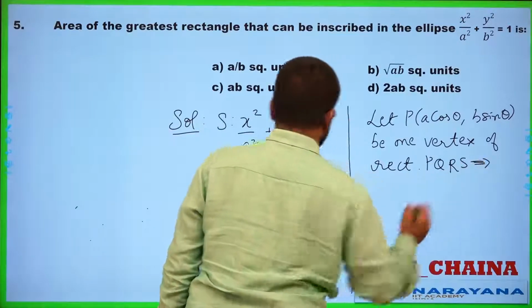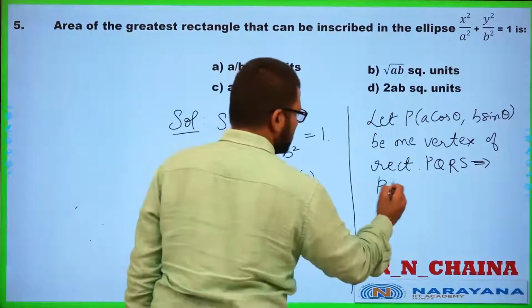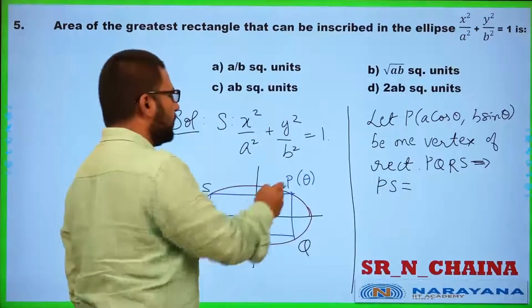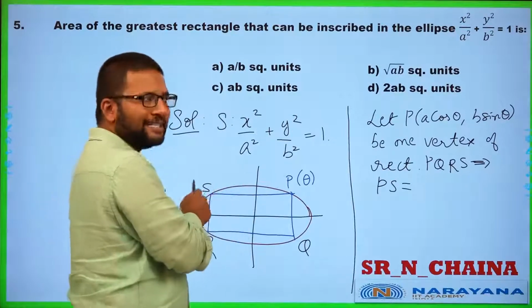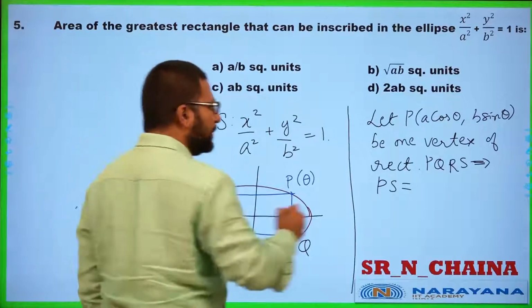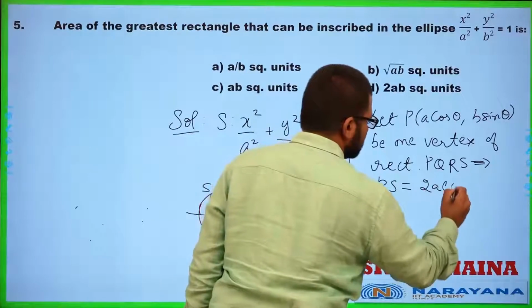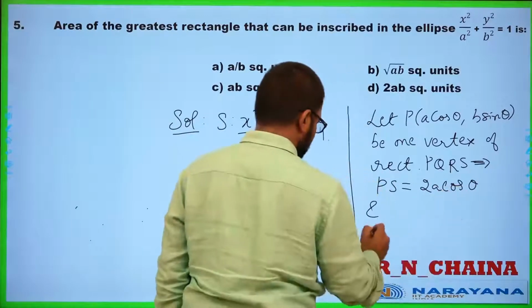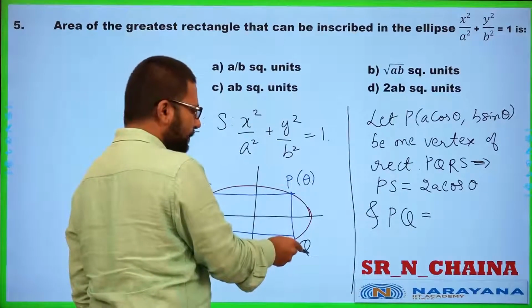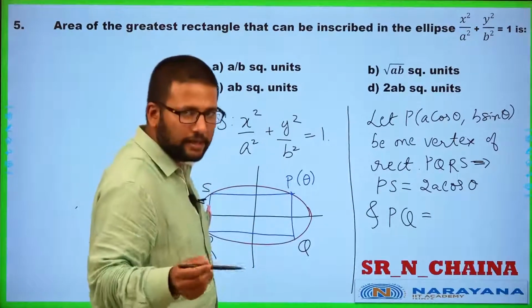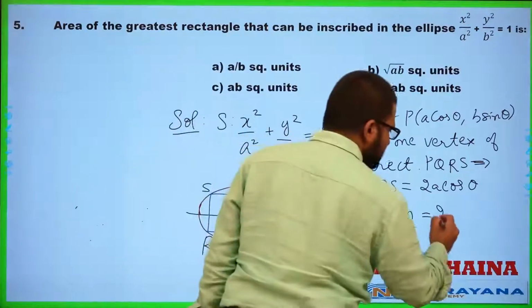Can you tell me how much would PS be? Because this is a cos theta, its x coordinate would be minus a cos theta. So PS would be 2a cos theta. Similarly, PQ would be, its y coordinate is b sin theta, the y coordinate of Q is minus b sin theta. So PQ would be 2b sin theta.